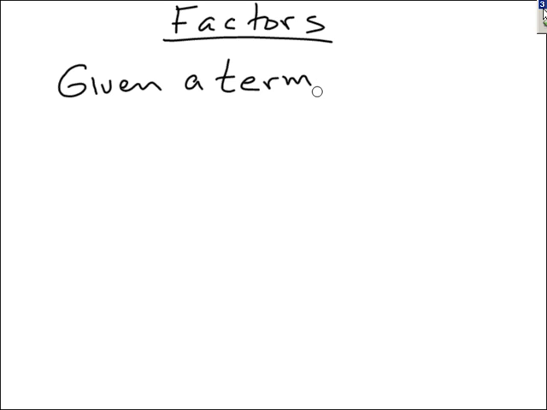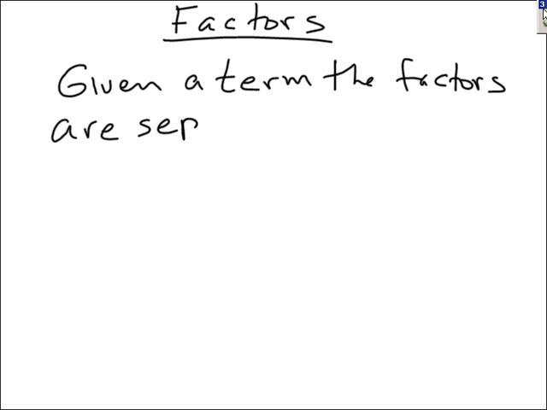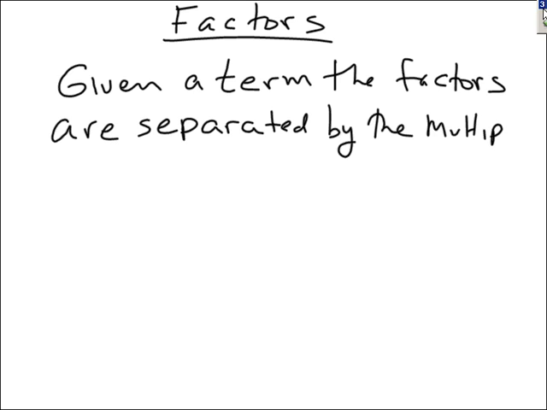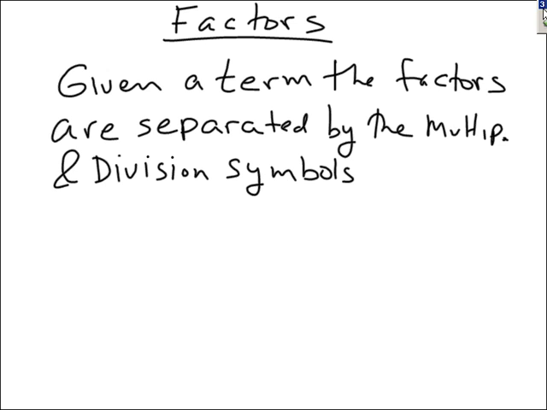Given a single term, the factors of that term are separated by the multiplication and division symbols. We kind of used this information when we were doing terms, but let's do it more formally now.